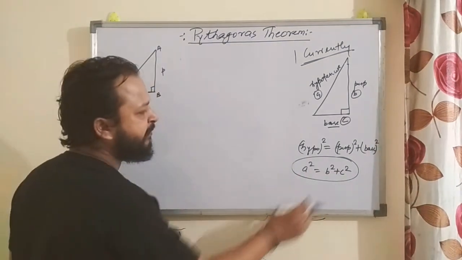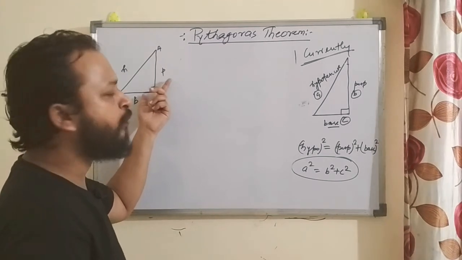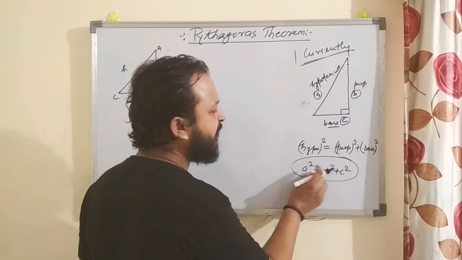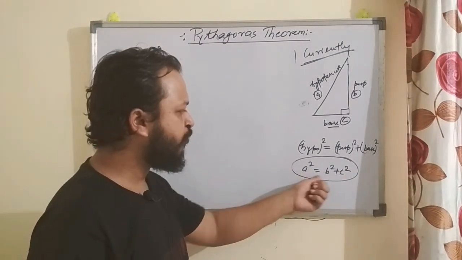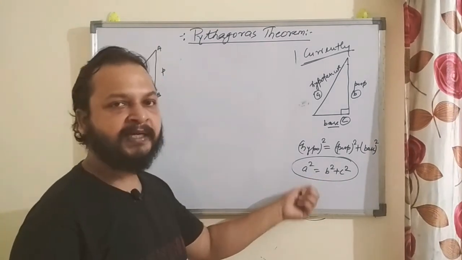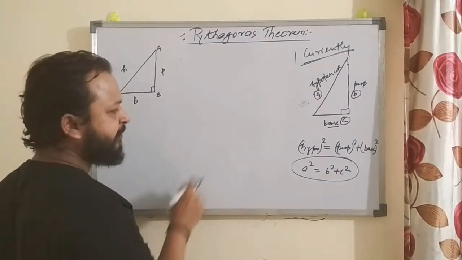Base and perpendicular may be equal, right? But we are taking them as different variables. So these variables which satisfy this equation, means this Pythagoras theorem, are known as Pythagorean triplets. So 4 or 5 triplets you must remember.